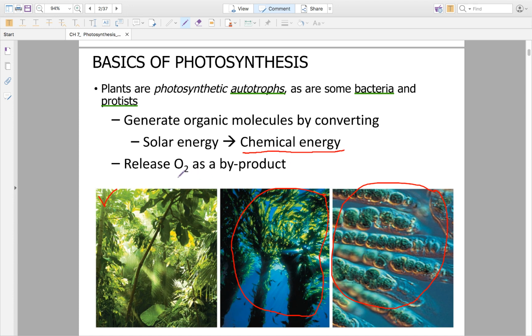And they release oxygen as a byproduct, which is something that we need to do what? To breathe. Right. So basically, to make it simple, they make for us food and oxygen, everything we need for survival. We could not live on this planet without them. That is the essence of it.